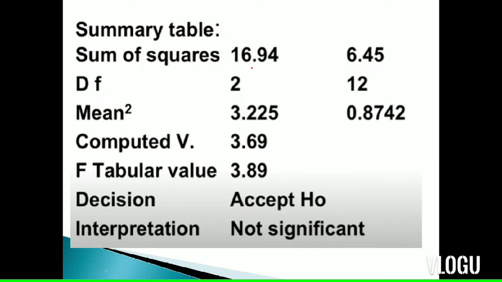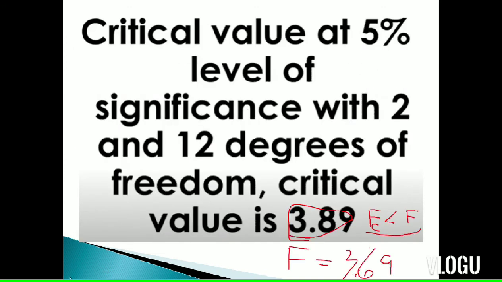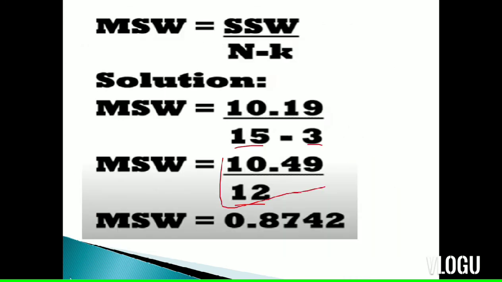Computed value we have 3.69 and tabular value 3.89. Decision: accept HO and reject HA. Interpretation: there is no significant.